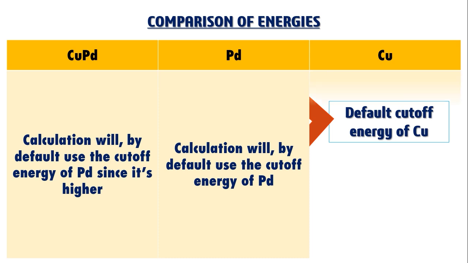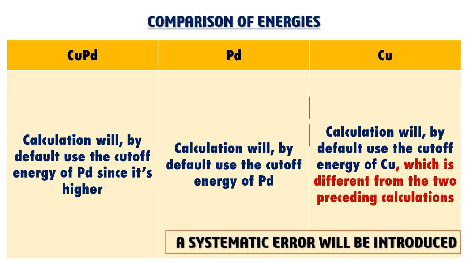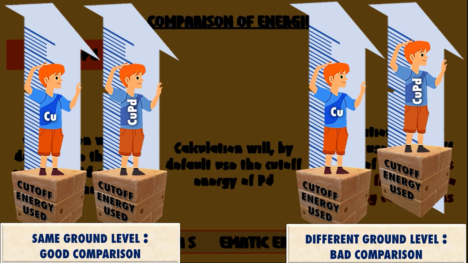When you are calculating the energy of Cu alone, the cutoff energy that will be used by the code will be the default cutoff energy of Cu, right? Now, since all three supercells are not using the same cutoff energy, a systematic error will be introduced, which is definitely undesirable, right? Whenever you are comparing something, at least if you are having a neutral viewpoint, you should keep them on the same footing.